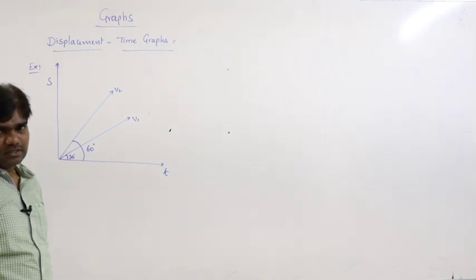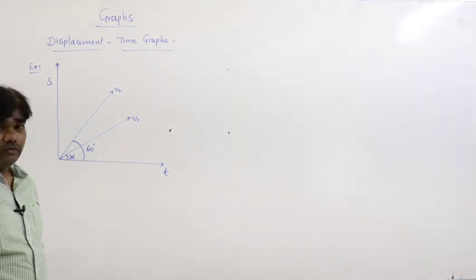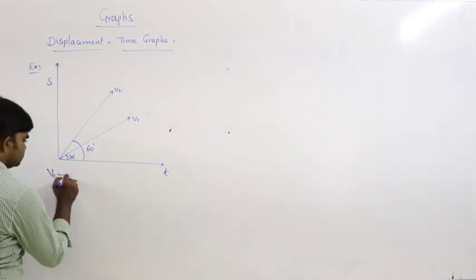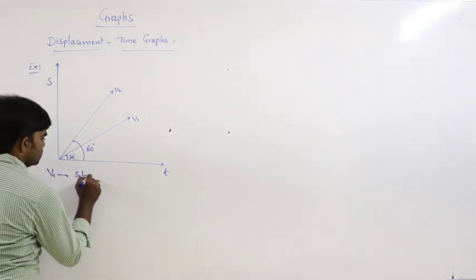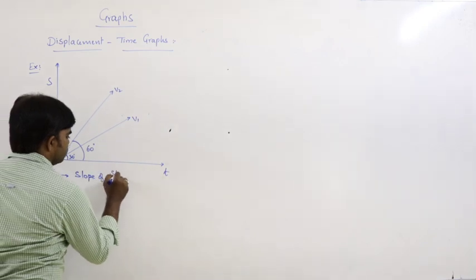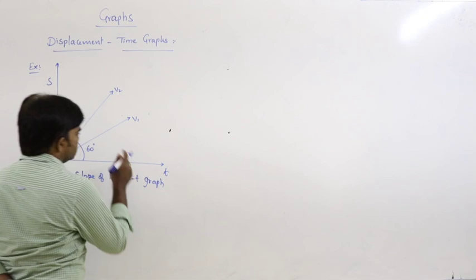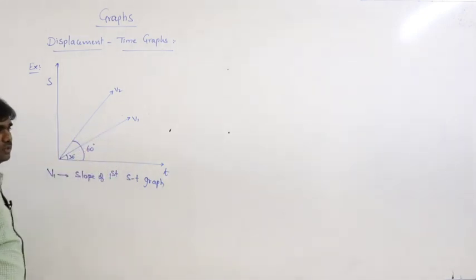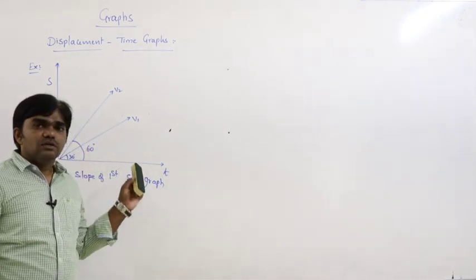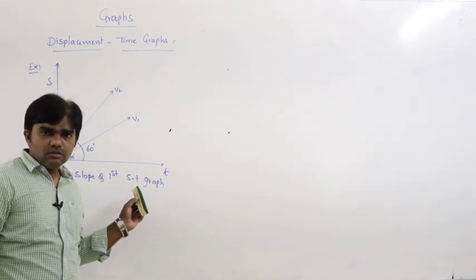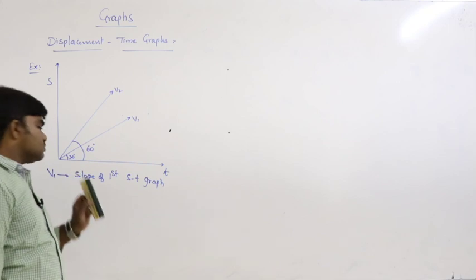Which one is more, V1 or V2? How can we calculate this? So what is V1 here? V1 is the slope of the first displacement time graph. Let us say this is the first graph. Just now we discussed that the slope of a displacement time graph gives velocity.